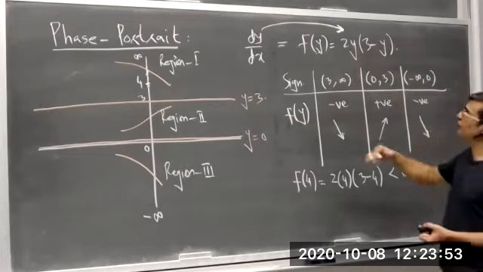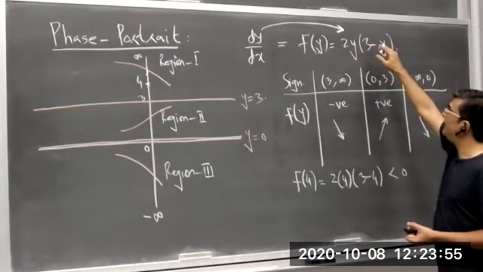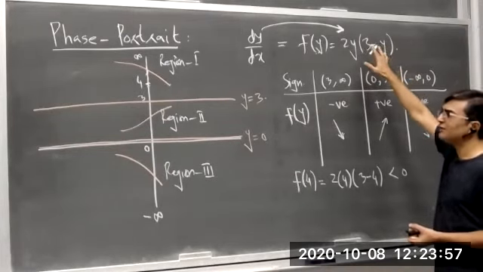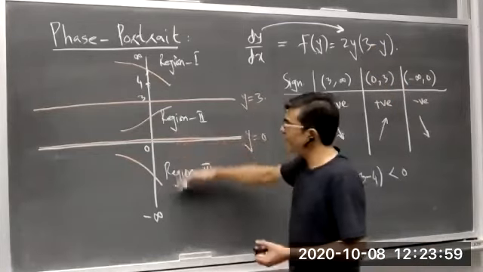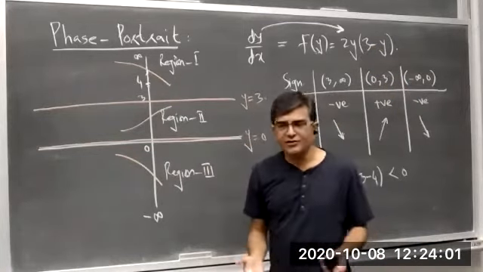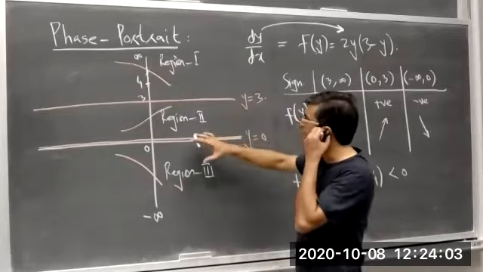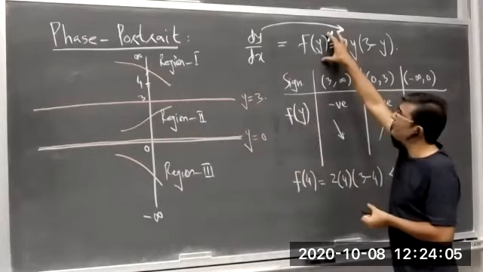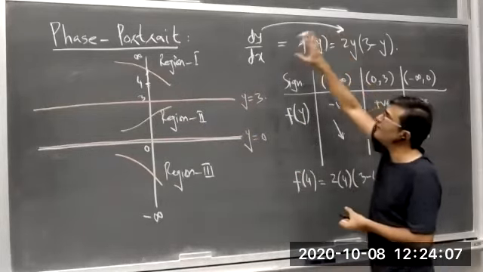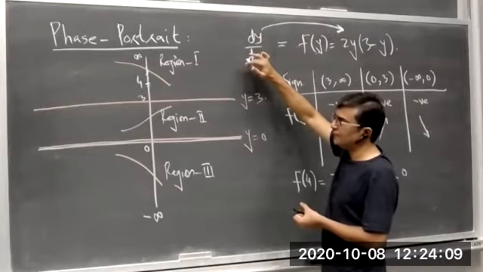First, what we did, we found the critical points of this function, which divided the given region into several subregions. Then in each region, we check the sign of this function. Sign of this function means it is the sign of dy by dx.